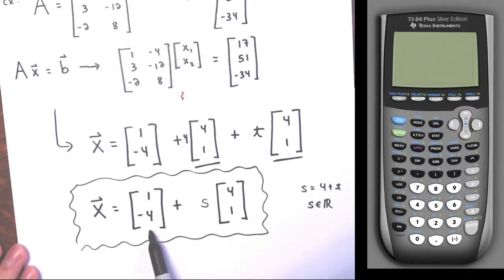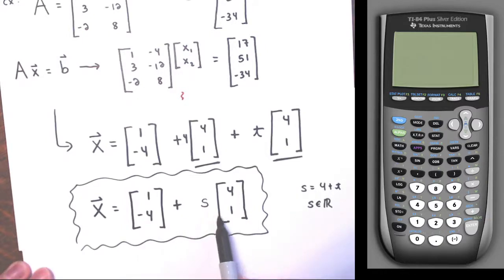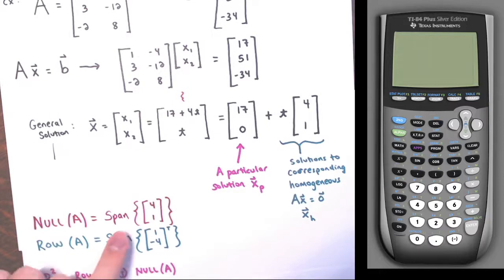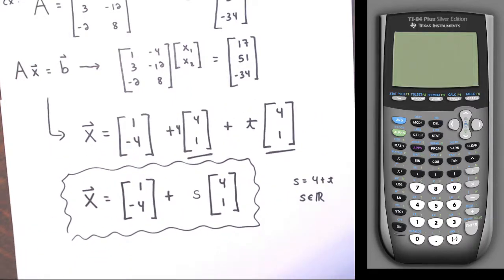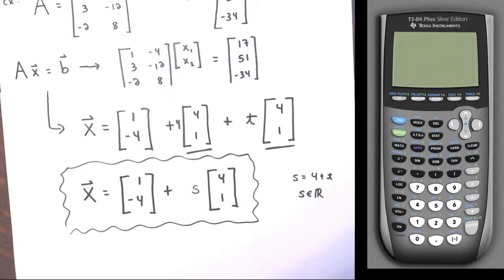Right? 1, negative 4 is obviously in the row space, plus any multiple of the vector 4, 1, which was in the null space. Right, and you can test this out, find some other solutions. Whatever you like.